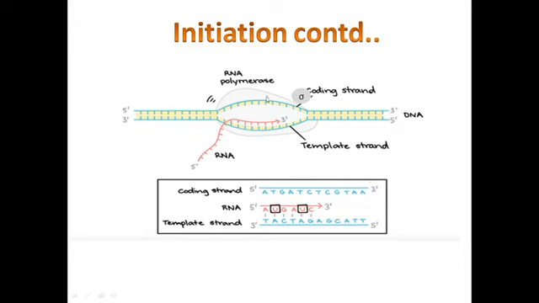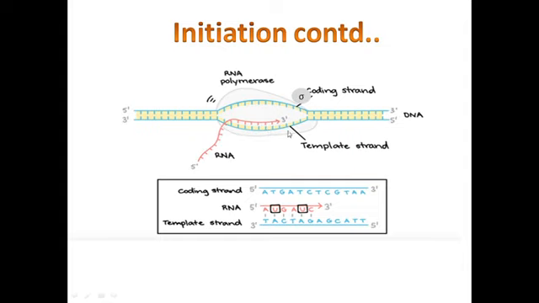Now, say for example, RNA synthesis has taken place. We have two strands of DNA. One is the coding strand, another is the template strand. We have already talked about them. The RNA takes the message for the addition of nucleotides always from the template strand, and the template strand and the RNA formed have complementary base pairing.